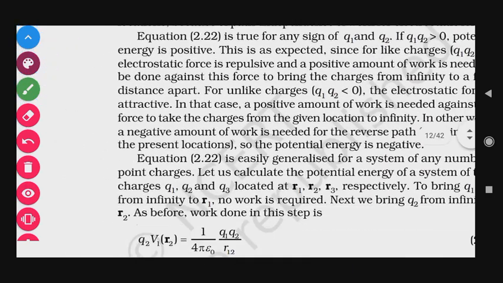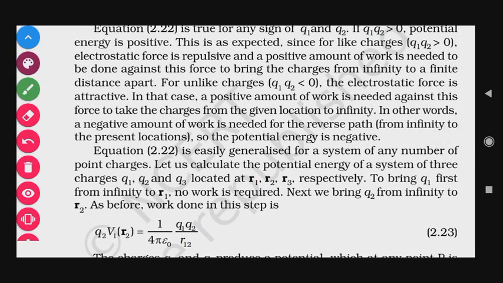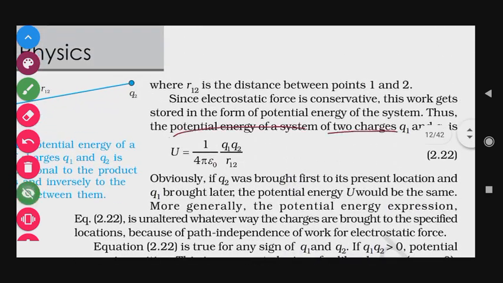So the potential energy will be negative in this case. In other words, a negative amount of work is needed for the reverse part: to take these charges apart I do work, and to bring them together it is the negative of this work. That's why the potential energy is negative.